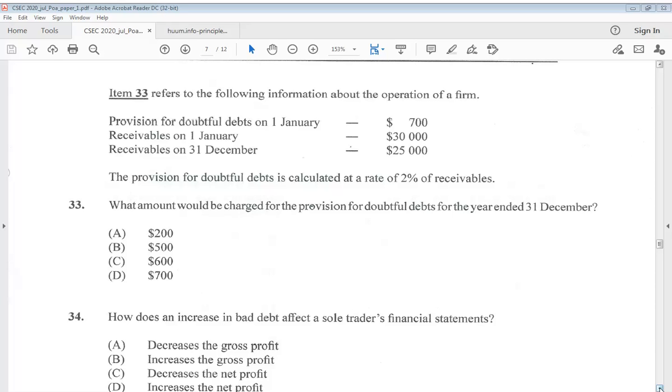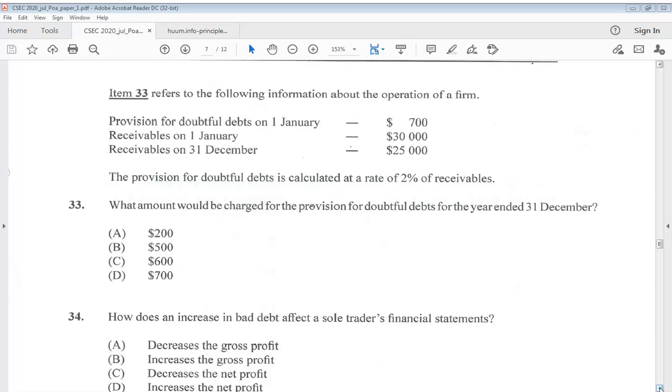The first question, item 33, refers to the following information about the operation of a firm. Provision for doubtful debts on 1st of January, $700. Receivables on 1st of January, $30,000. Receivables on 31st of December, $25,000.